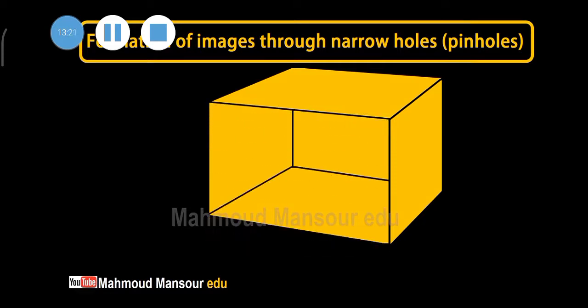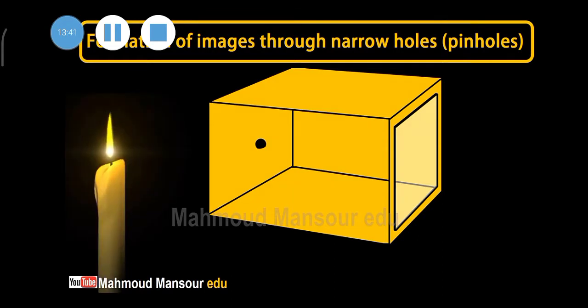Steps: remove one side of a carton box and replace it with a piece of a semi-transparent paper. Make a small hole in the opposite side of the semi-transparent paper. Darken the room, then put a lighted candle in front of the hole at a certain distance and look at the semi-transparent paper.